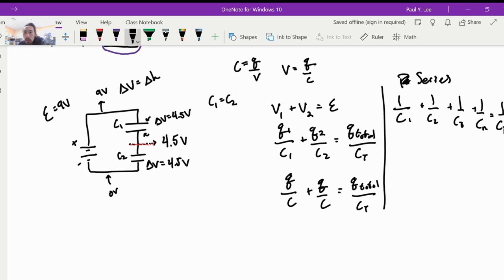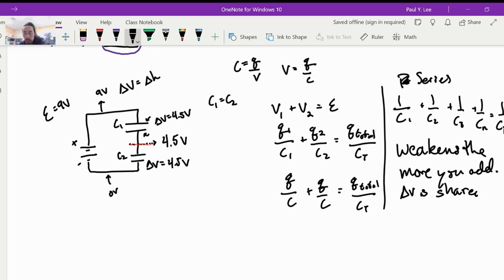The more capacitors you add in series, the overall capacitance actually weakens for a series circuit. And this is simply because the delta V is shared. The change in voltage is shared amongst each capacitor.